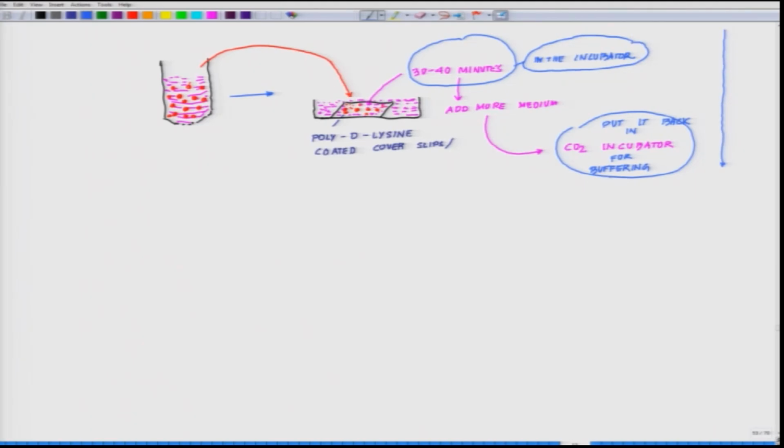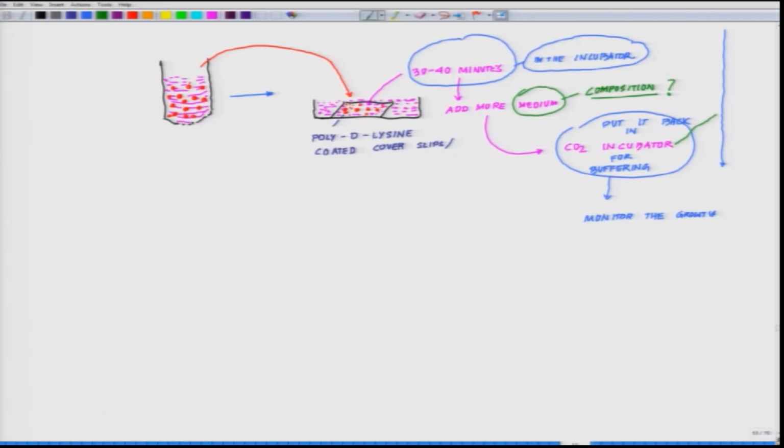And now you monitor the growth. What I haven't told you as of now is this other part, the composition. What is that medium? This I haven't told you.